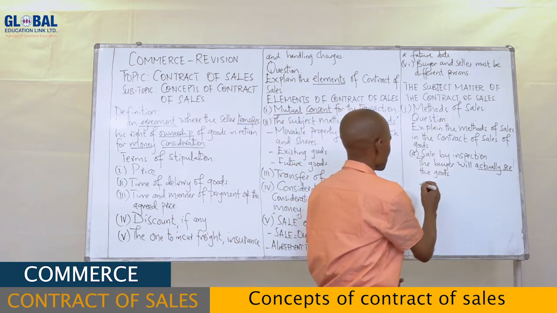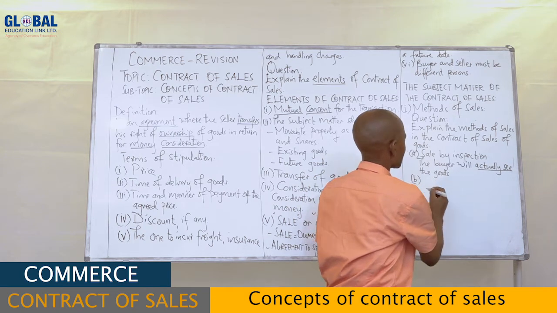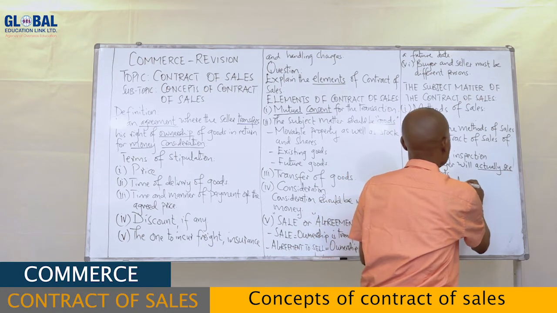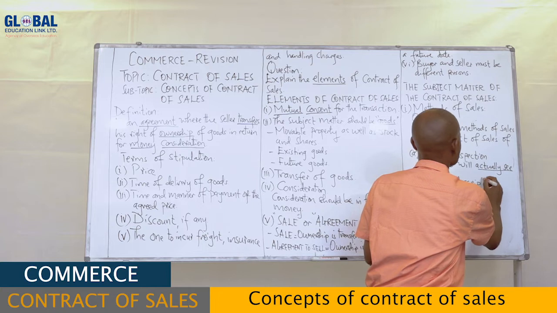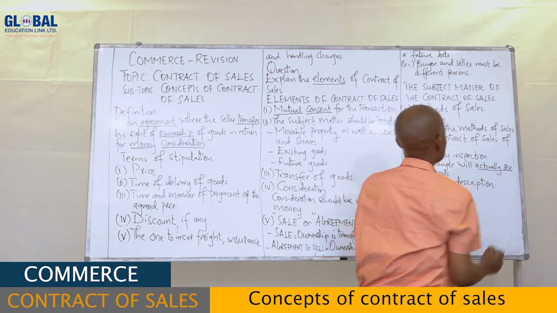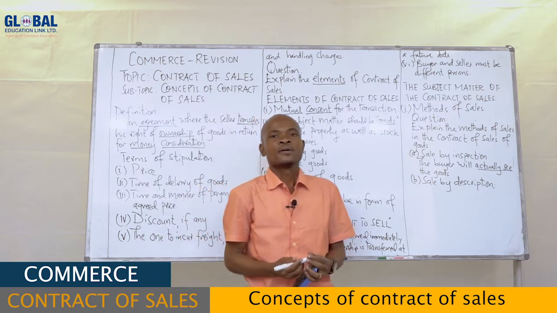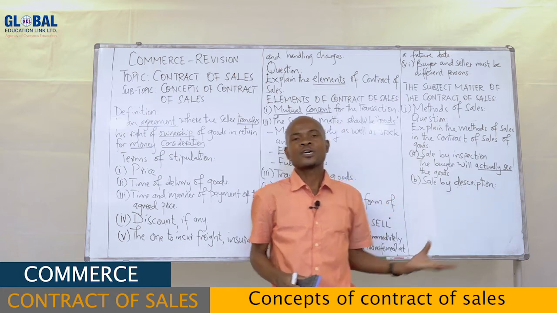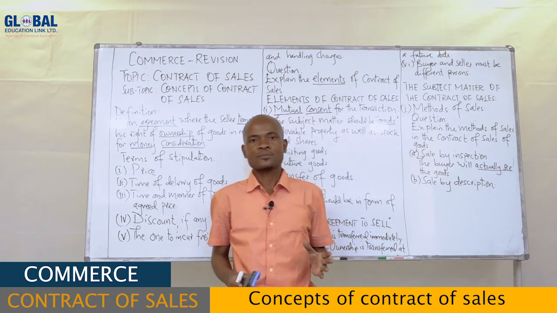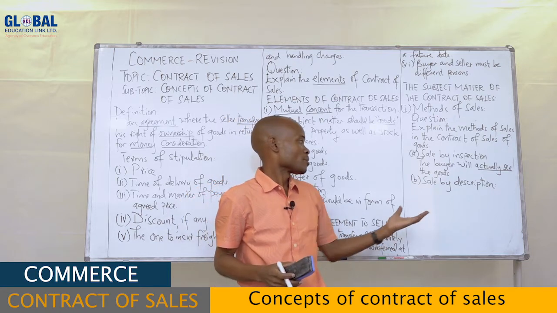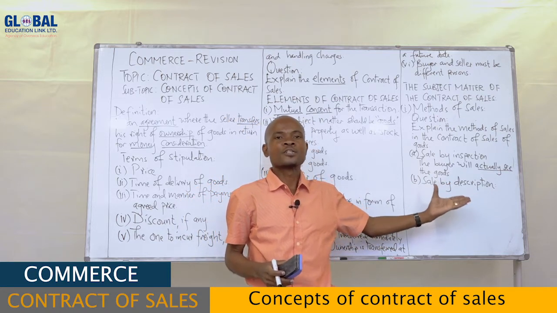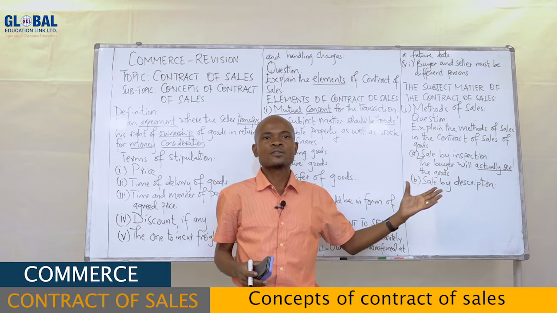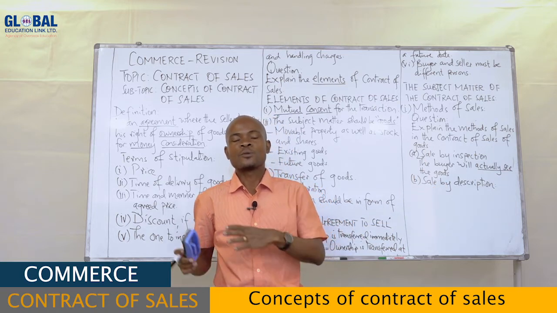Then another method is called sale by description. This will happen if the two sides are at distant place. So here we can take the case of foreign trade, where the seller is in one country and the buyer is in another country.